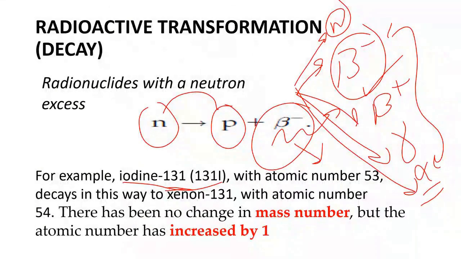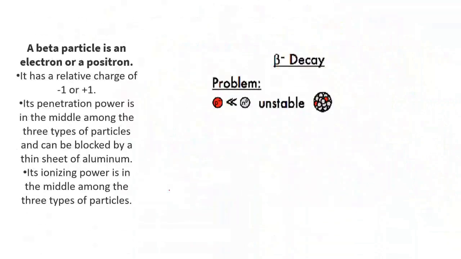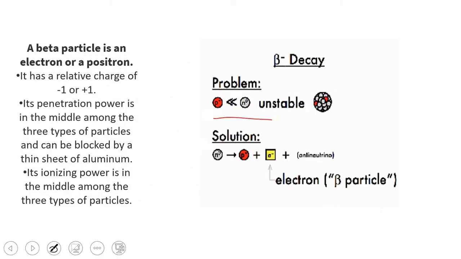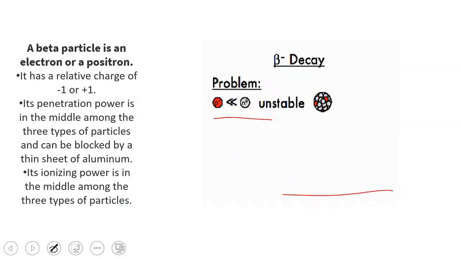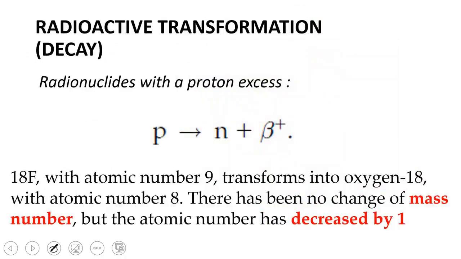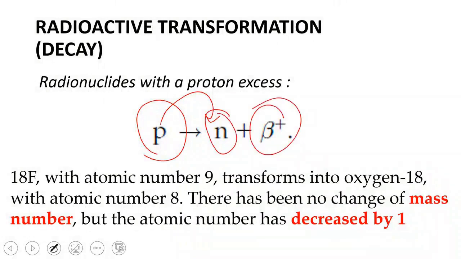This is regarding the neutron to proton conversion. In beta minus decay, if you have an excess number of neutrons compared to protons, a neutron transforms into a proton, resulting in beta radiation. On the other hand, if I have a larger number of protons and a deficit in neutrons, a proton turns into a neutron, giving me beta plus. Beta plus is similar to fluorine, which is found in glucose.